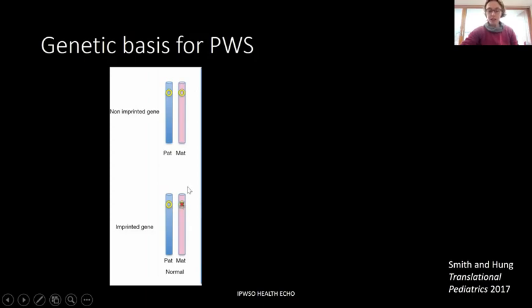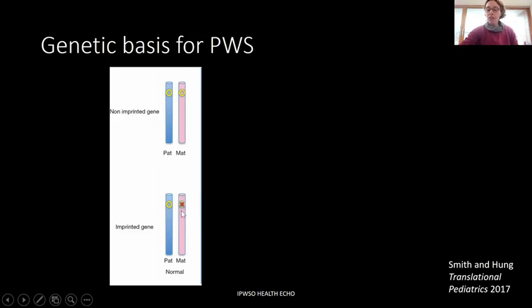So in this normal example, the maternal copy here has got a red cross on it, meaning that methylation or other modifications of the chromosome led to switching off of expression of that gene. Expression meaning transcription of that DNA sequence to make RNA and then translation to make protein.